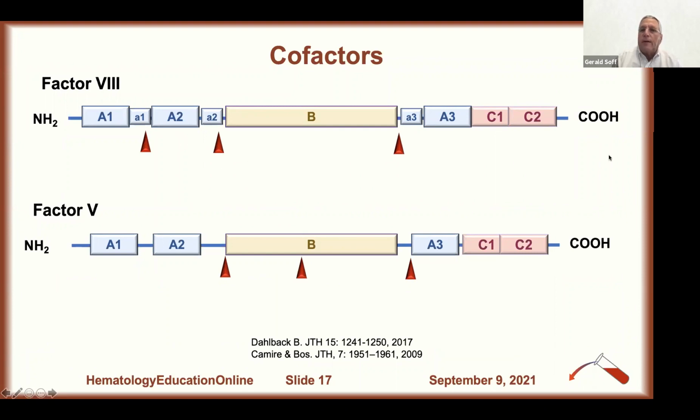The structures look very, very similar, but they're actually on different chromosomes. The factor 8 is on the X chromosome and factor 5 is on chromosome 1. So probably in evolution, there was some genetic duplication which was preserved. But again, they have very similar domains, the A1, the A domain, B, and C, and then obviously there's subdomains within those three groups.